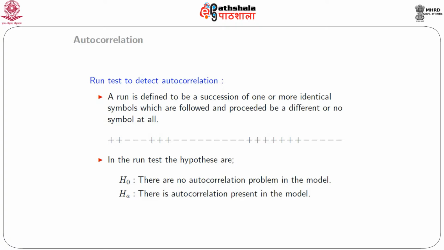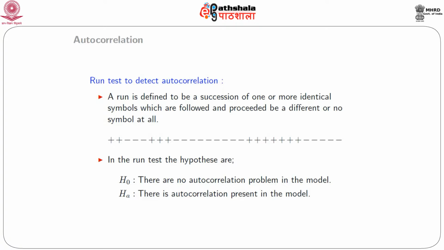Now, in the case of a linear model, the residuals that we obtain after fitting the model are positive and negative, and if we write down the symbols of these positive and negative residuals, then we can create a run very similar to the one defined above.